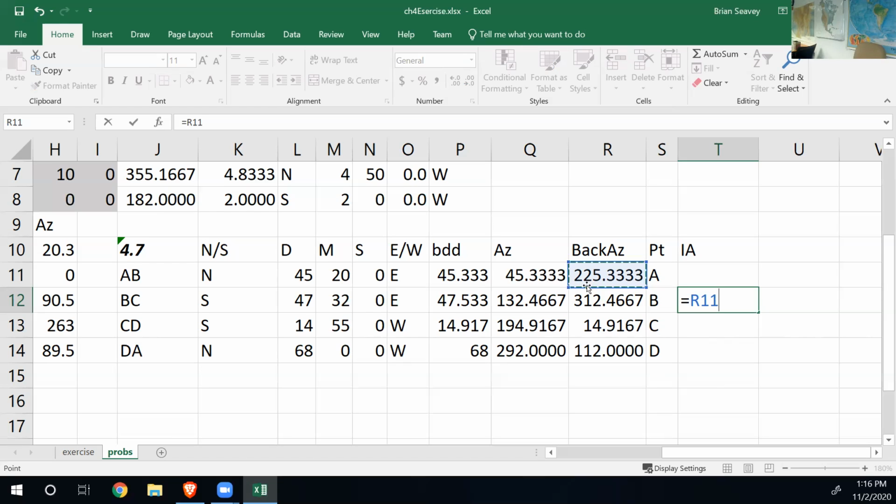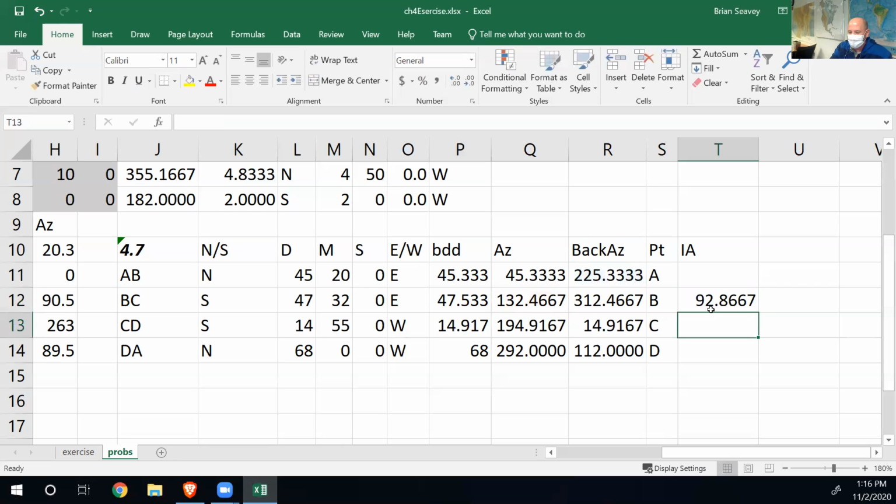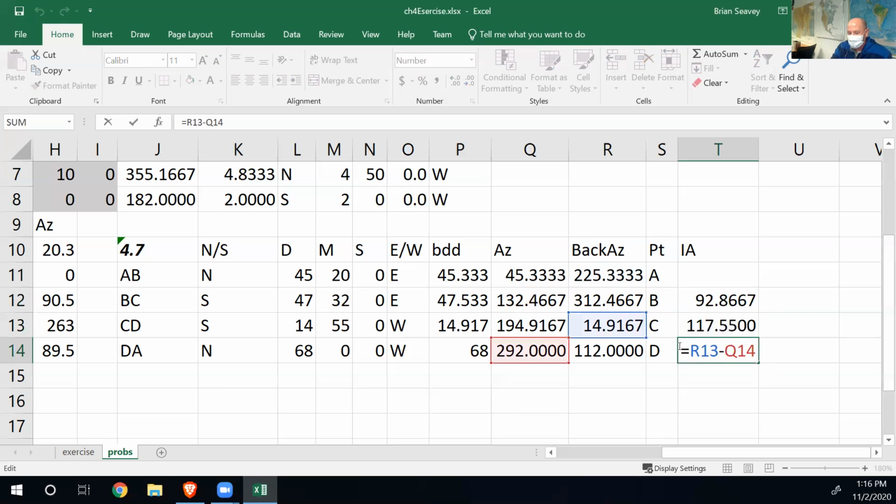I'd have to do 360 minus it. So for finding the first one, did we use the bottom back azimuth minus the previous? Yeah. Good thinking, right? So I go all the way down to here, but here's my problem. That looks okay, actually, because I take the back azimuth of the previous one minus the azimuth of this one.